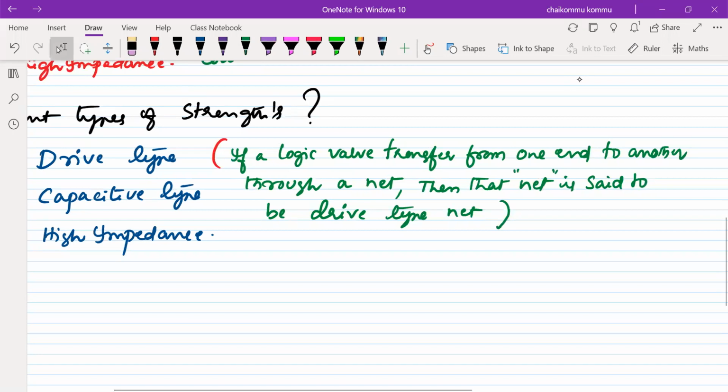A drive type net is associated with drive type strength.